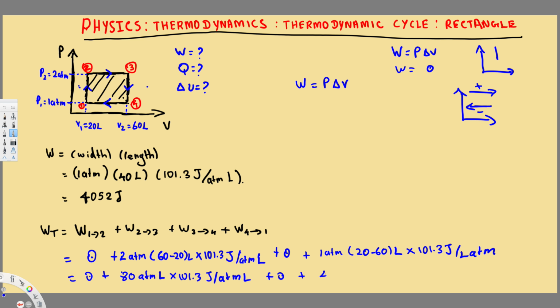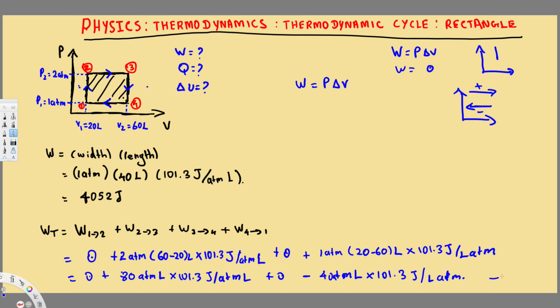So it's going to be 40 atm liter, and it's negative right here, so that's going to be negative 40 atm liter. 40 atm liter multiplied by 101.3 joule per liter atm, right?